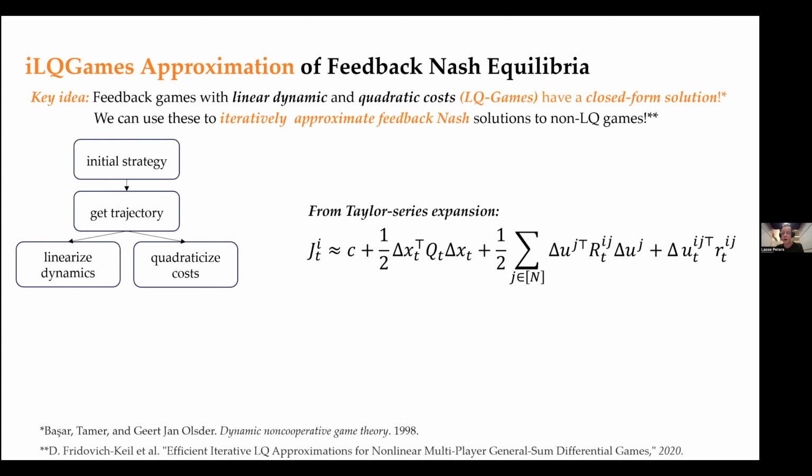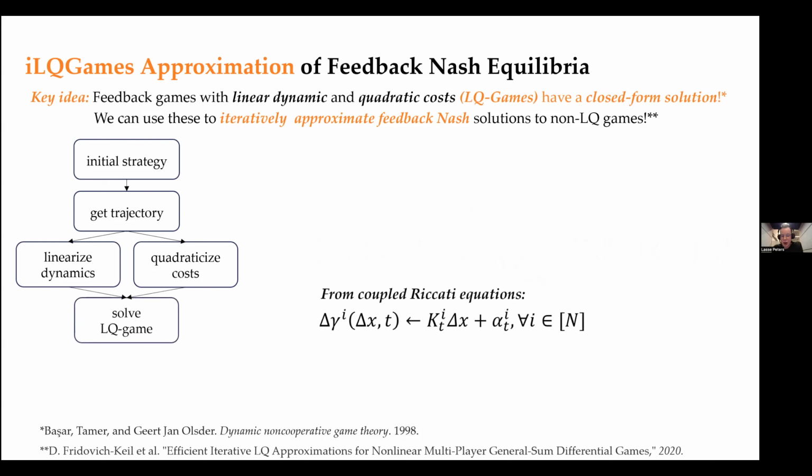With that, we now have an LQ game for which we can get the closed form solution via a coupled Riccati recursion. And the nice thing is that the controllers that pop out of this turn out to be affine controllers. So the controller for player i is simply some linear feedback gain times the delta x plus some feedforward term, and they are time varying. This is very cheap to compute.